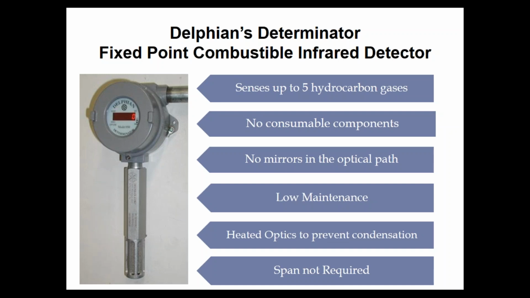So if you were to put an IR in for methane compared to a catalytic bead for methane, every 2 to 3 years you'd have to replace the sensor, and you'd have to maintain it by calibrating it every 30 days. The infrared you calibrate once a year, and you don't have to touch that sensor for 8 to possibly up to 15 years.